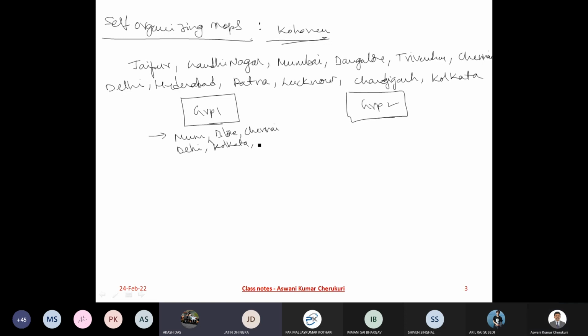And that's it in group 1. Group 2: Hyderabad, Patna, Lucknow, Chandigarh, Trivandrum, Jaipur, Gandhinagar.